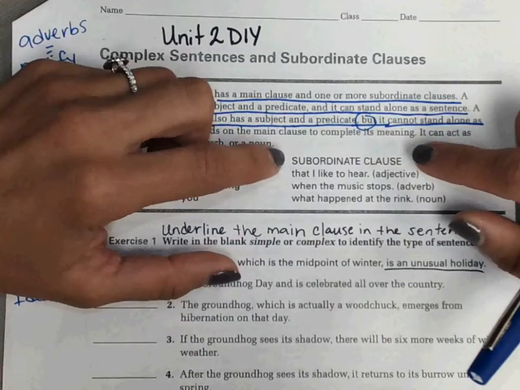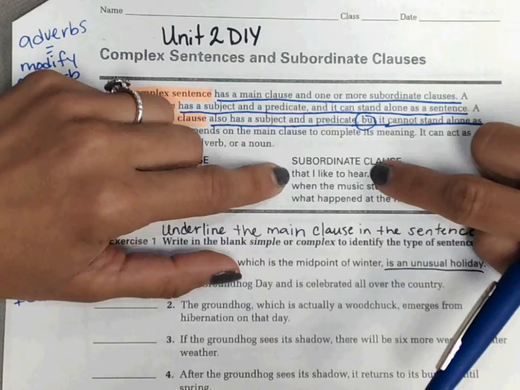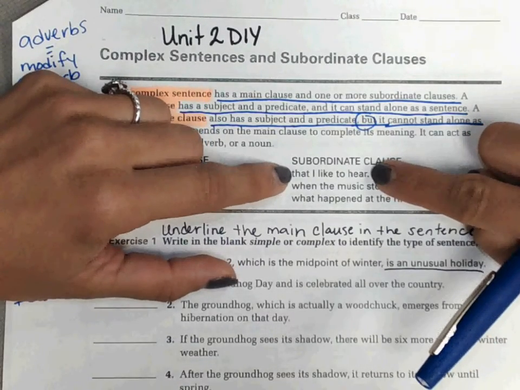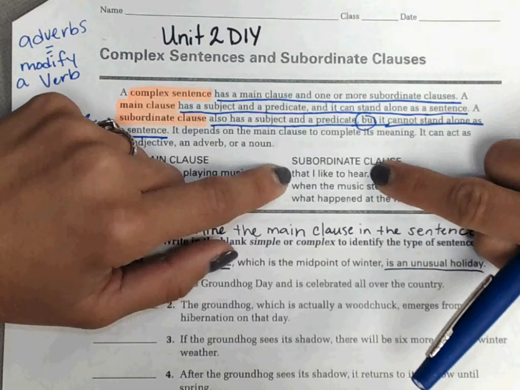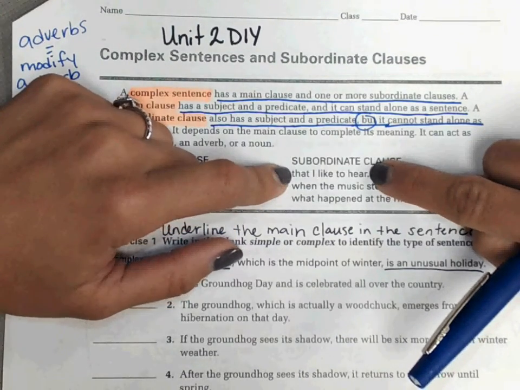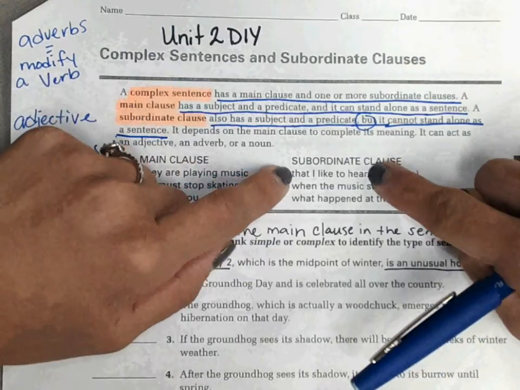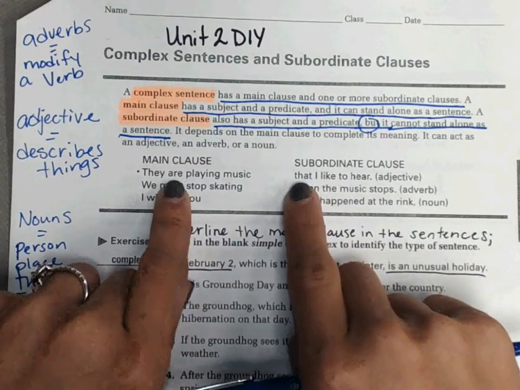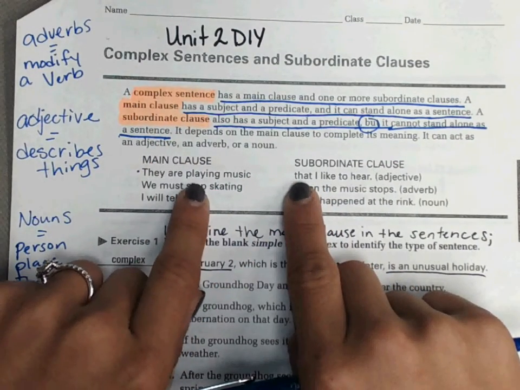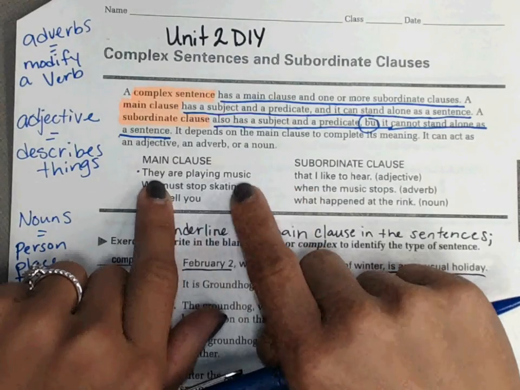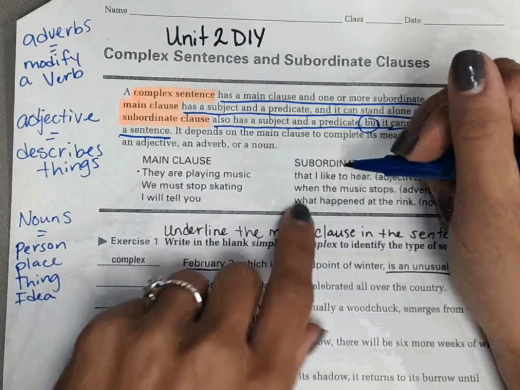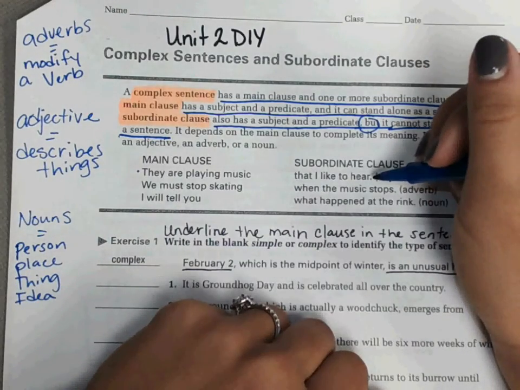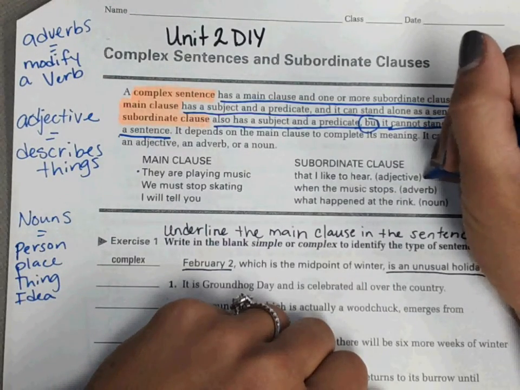If we were to only look at the second part of this that says that I like to hear, it cannot stand alone as a main clause because it does not make sense without additional information. But as long as we have that main clause with it, it does make sense. So it reads, they are playing music that I like to hear. Since it's describing, it's an adjective.